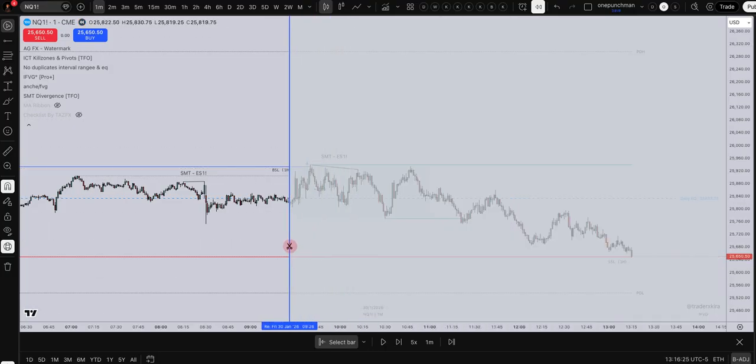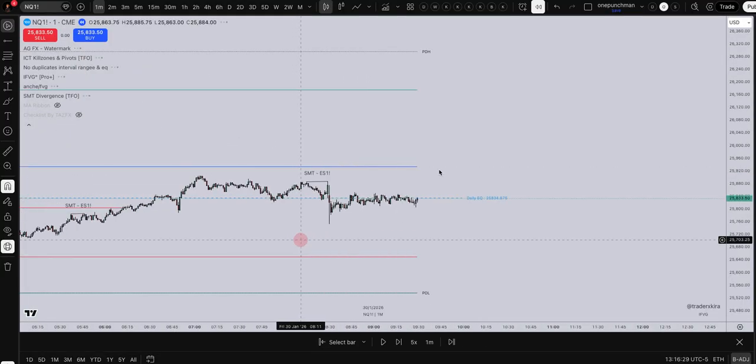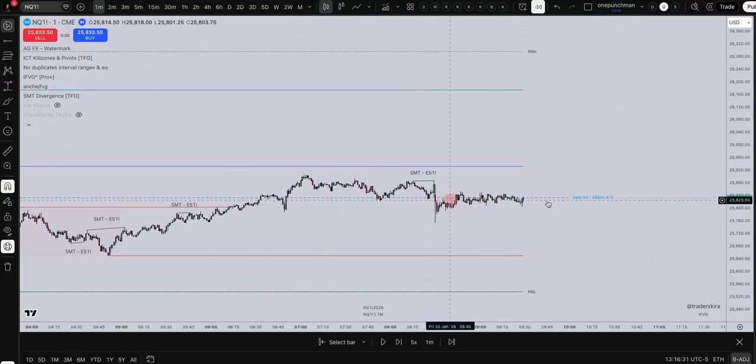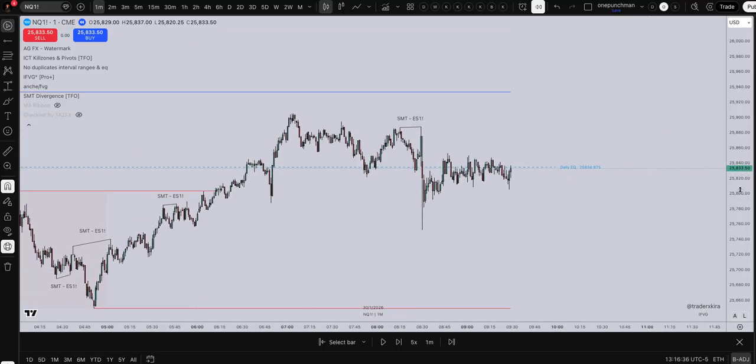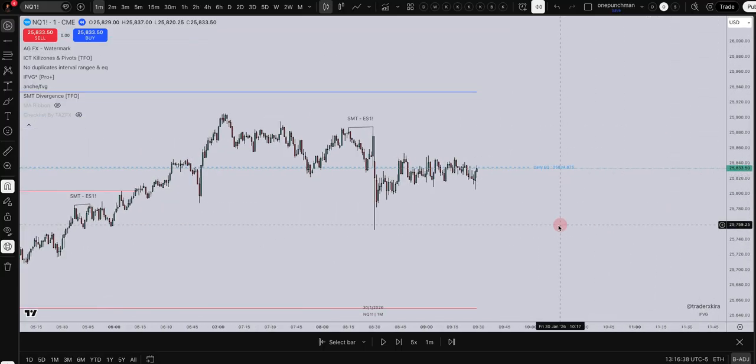When the market opens, if price is hovering above the daily EQ, I'm going to have a bearish bias. If it's below the daily EQ, I'm going to be looking for longs. And if I have something like this happening where it's consolidation, that basically means I have a neutral bias until it picks a side.